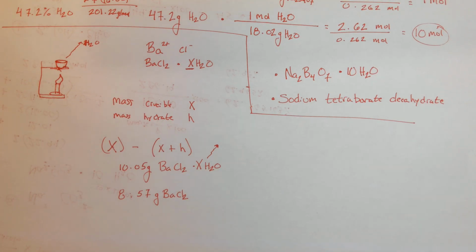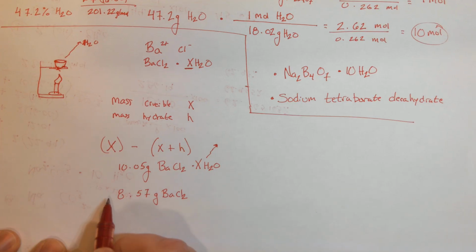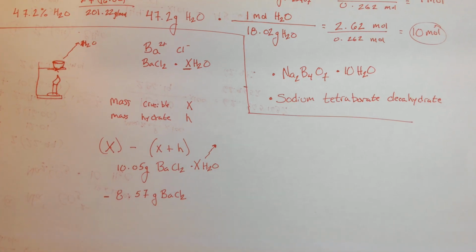Great, so in that last little box there, under mass of anhydrate, I want you to write the mass of the water. How much water was driven off? Okay, if your thought is to subtract these two numbers, you'd be right.